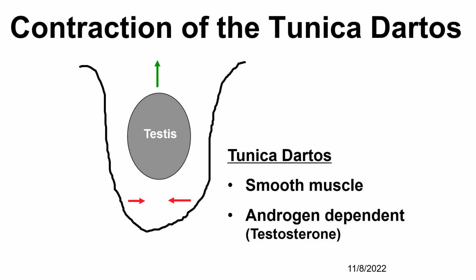In warm temperatures, this muscle will relax and the testes will be much farther down away from the body wall. This is important in bulls. For example, in the tropics, it's hot all the time, so they must have the testes farther down. So the tunica dartos is again a smooth muscle, and it is also considered to be androgen dependent, or dependent on testosterone.